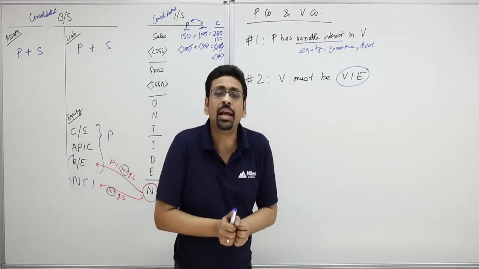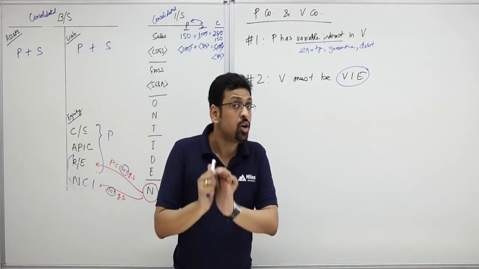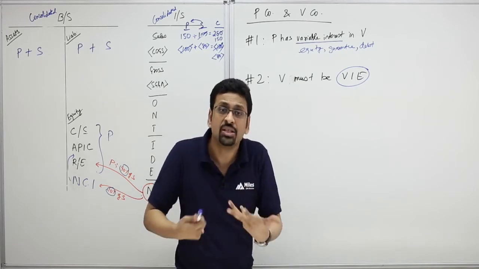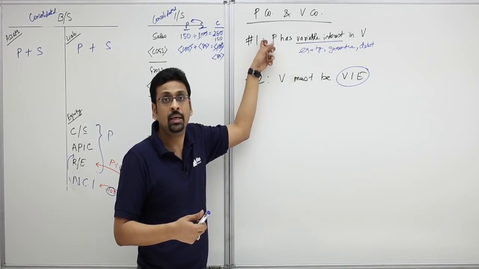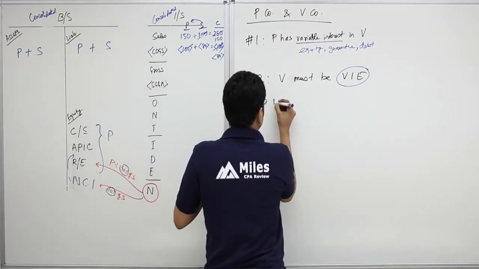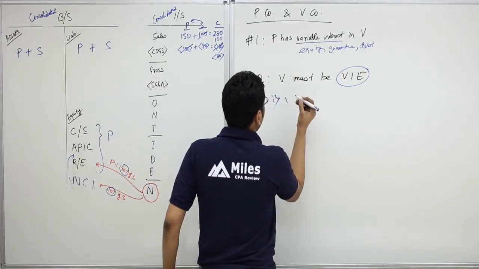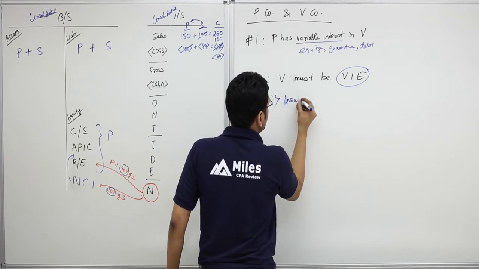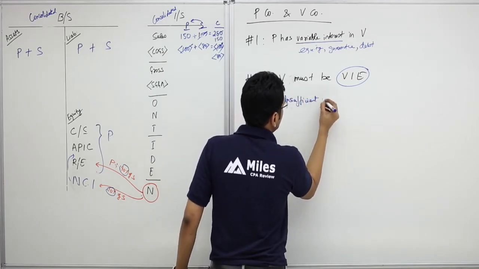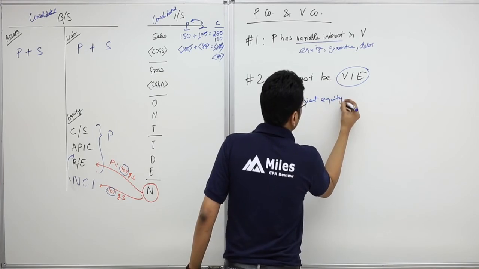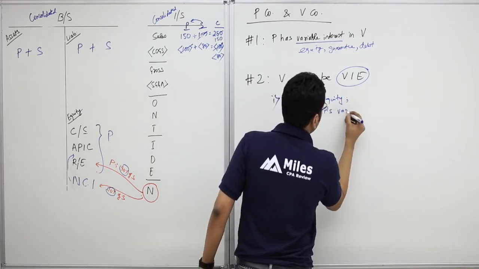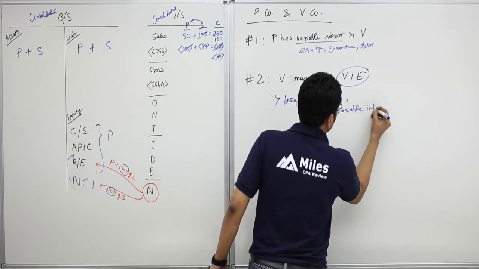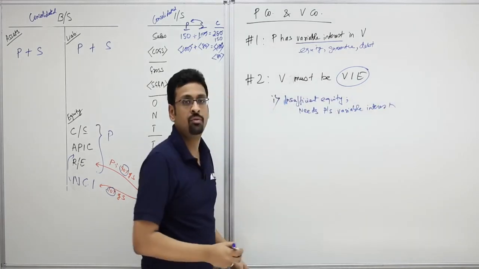It's very thinly capitalized and it cannot operate without the additional support in the form of this variable interest which is provided by P. So guys, number 1, here V has insufficient equity, needs P's variable interest to survive.